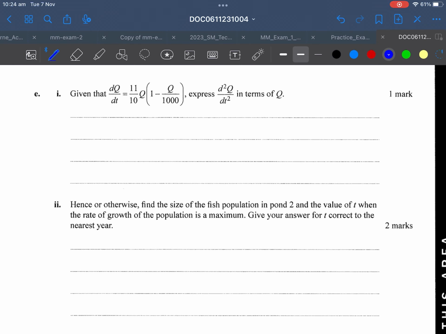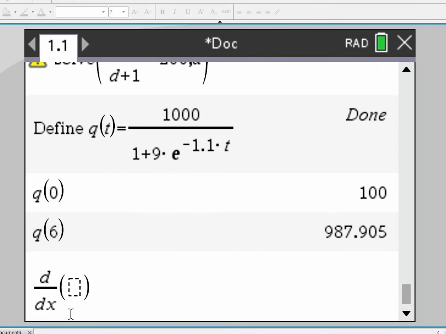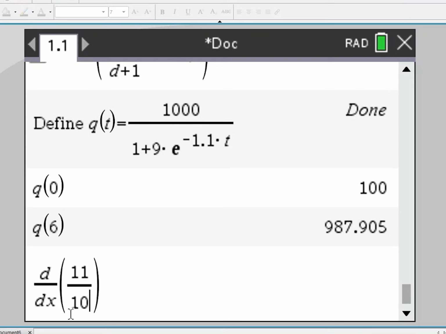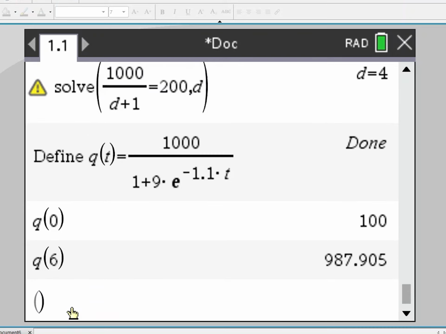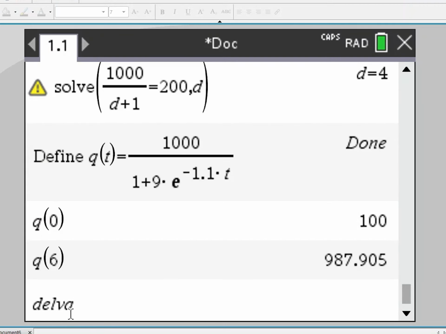Given that dQ/dt equals this, express that in terms of Q. So we just have to differentiate this entire chunk one more time. So 1 times 11 on 10 times Q. Okay, maybe I can just delete Q now.